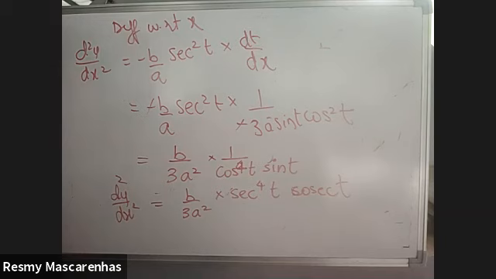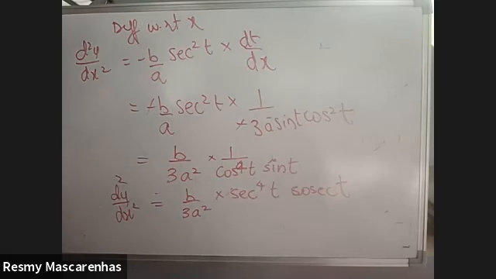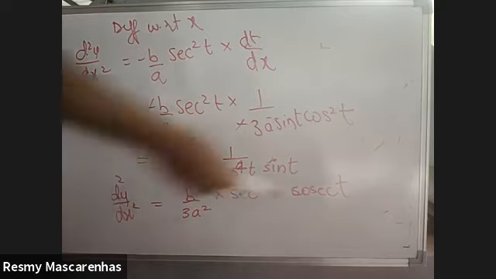And then put t is equal to pi by 4. Okay, put the value of t as pi by 4. And then I think you should get the answer. Sec of pi by 4 is root 2. Same way this is also root 2.